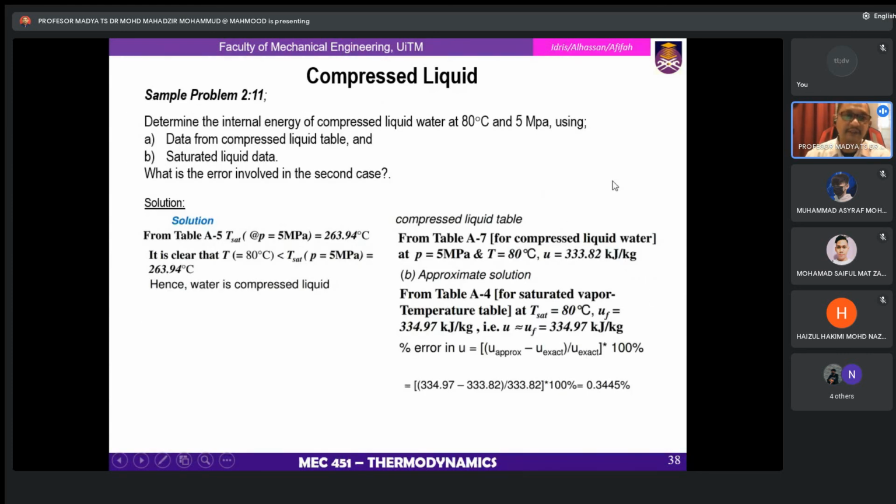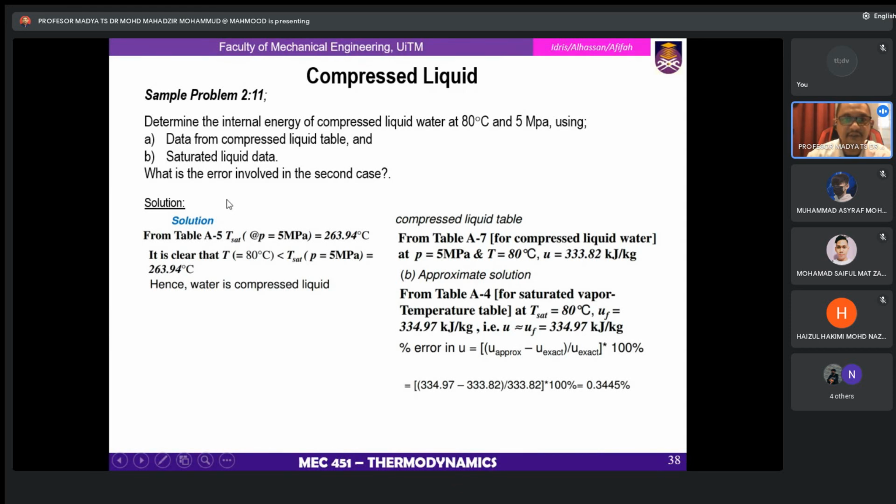So this is an example for you, for compressed liquid analysis. Determine the internal energy of the compressed liquid water at 80 Celsius and 5 megapascal. Use data from the compressed liquid tables and also saturated liquid data. What is the error involved in the second case?